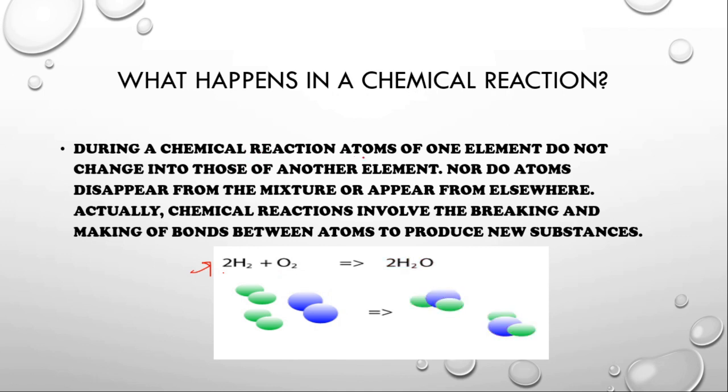During a chemical reaction, the atoms of one element are not changing into that of another element, nor are they disappearing from the mixture, or appearing from elsewhere. But what is happening in a chemical reaction is the breaking and the making of bonds between the atoms.